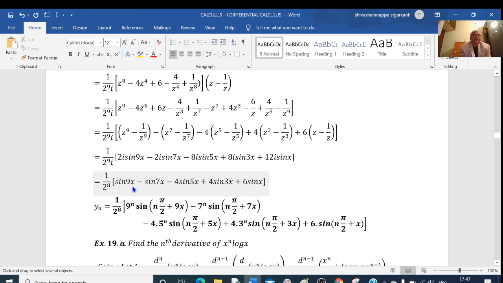Now I can differentiate this n times. yn equal to 1 by 2 raised to 8 as it is.